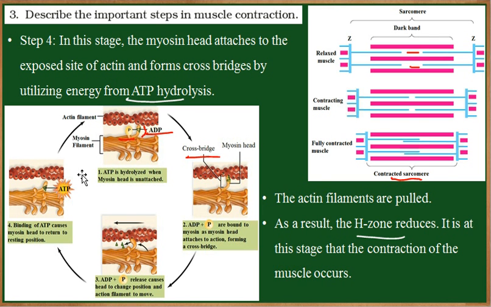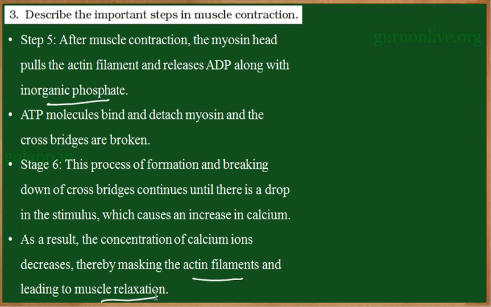So once the complete sarcomere has contracted, the calcium level reduces, the calcium ions decrease, and the actin filament which was free for the binding of myosin gets masked by the tropomyosin filament, and now the muscle is said to be relaxed. So these are the various stages in which the muscle contraction occurs.